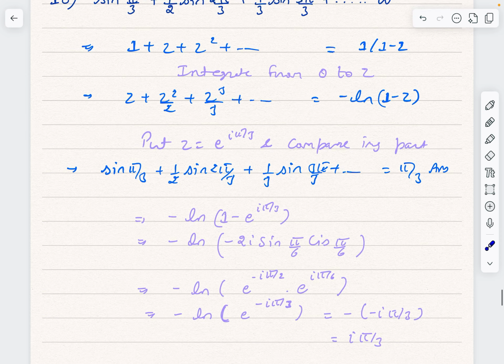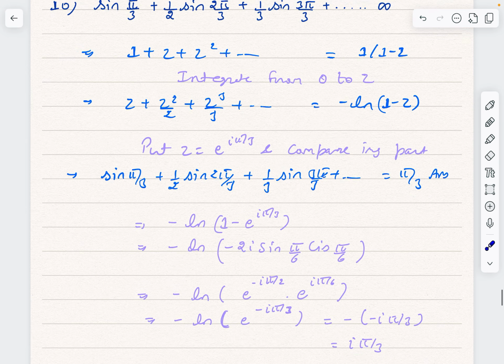Upon simplification, you get e iota, e minus iota pi by 2, e iota pi by 6, which is e minus iota pi by 3. Taking the minus outside, you get minus of minus iota pi by 3, so it will be iota pi by 3. So the imaginary part will just be pi by 3. I hope it is clear, guys. Next.